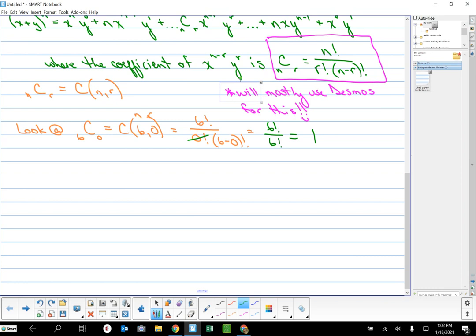So there's a generalization that you can make, and that is this. Anytime r is equal to 0, the combination equals 1, no matter what n is.